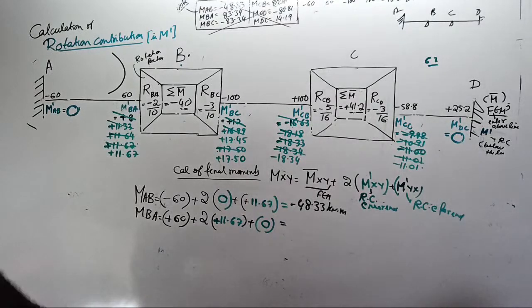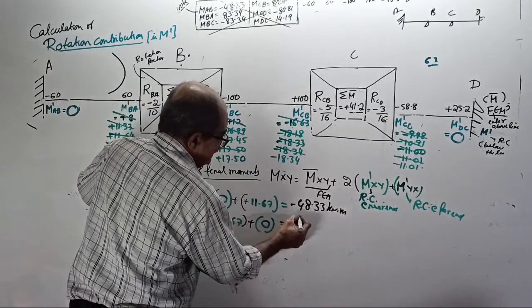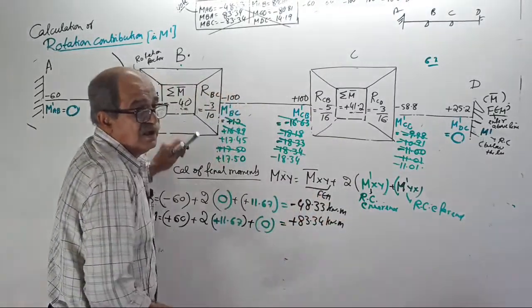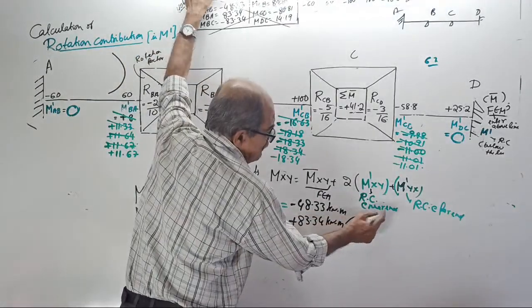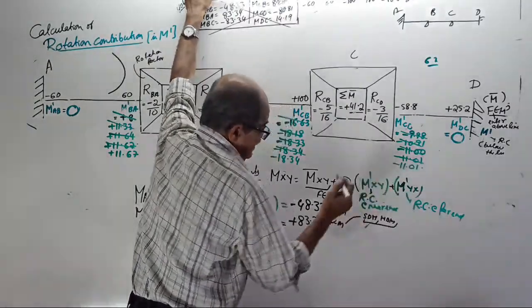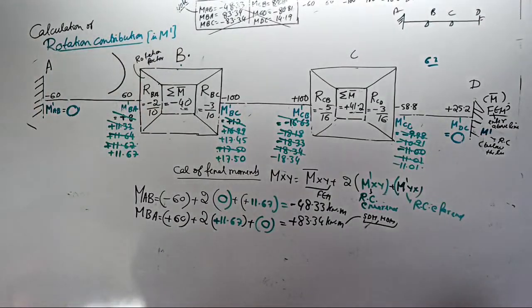Your SDMD answer is still waiting there. Plus 83.34 kilonewton meter. Okay, now tell me your answer by the SDMD method. What is the answer by the SDMD method? Answer.